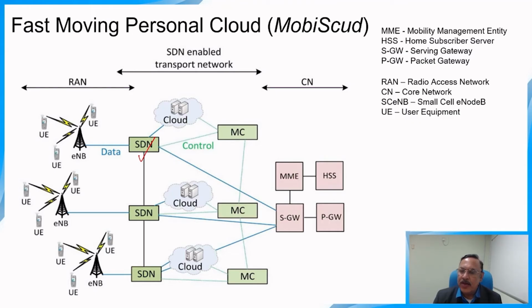So, when compared to SCC and MMC concepts, the cloud resources in MobiSCUD are not located directly at the access nodes such as SCENBs or eNB, but at the operator's cloud location. This is the operator's cloud.